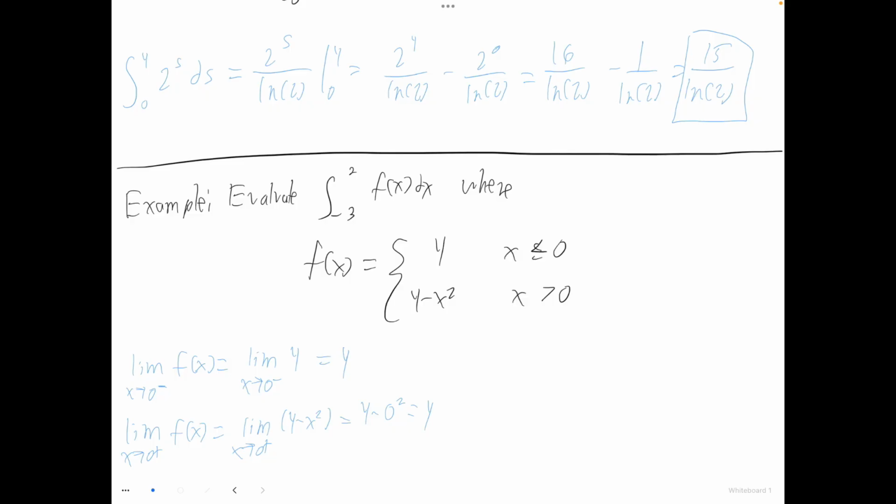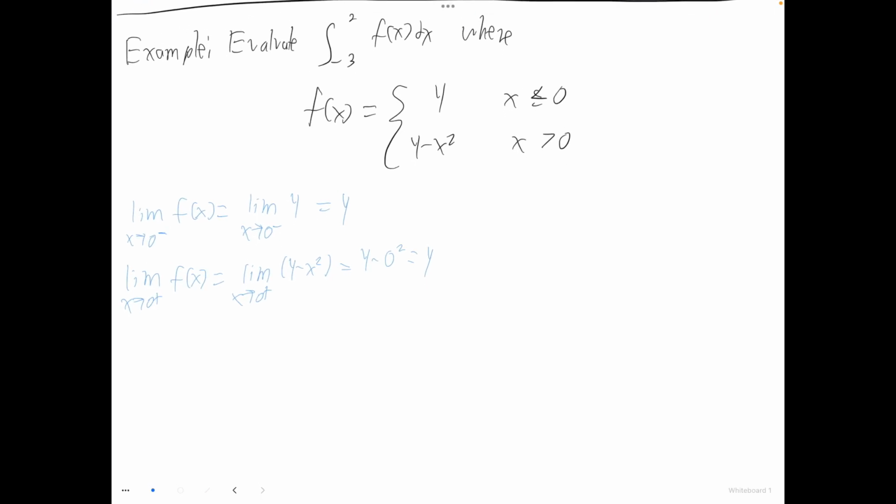The way we're going to handle this is we're just going to split up the integral. We want to compute the integral from negative 3 to 2. But remember, we can split up integrals according to their bounds. So we go from negative 3 to 0 of the function, plus the integral from 0 to 2 of the function.